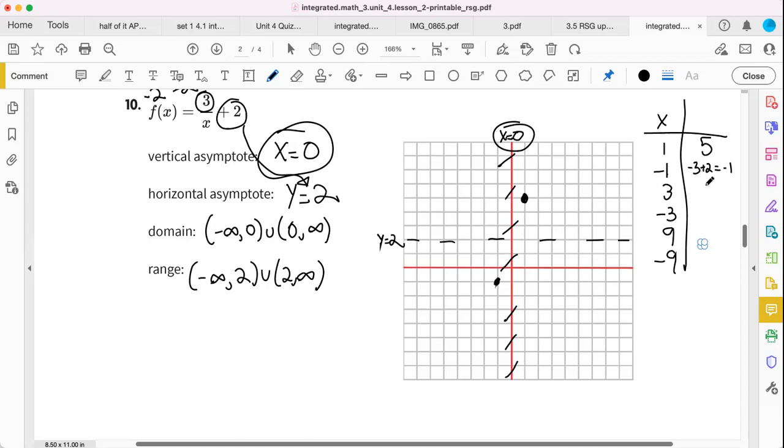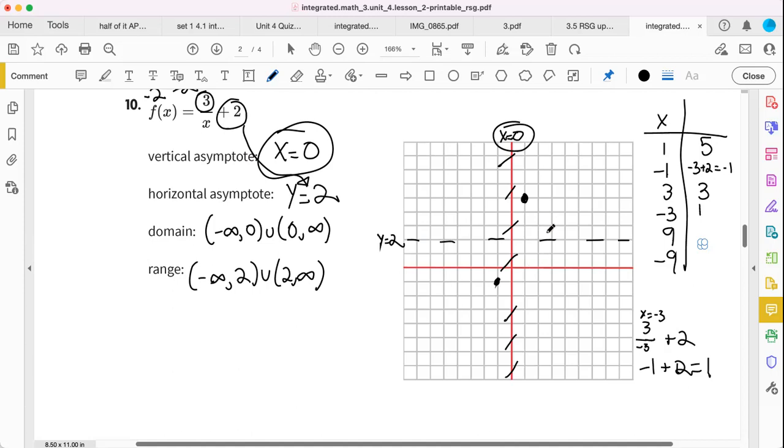When x is 3, that's going to be 1 plus 2, so that outcome is just 3. And then for x is -3, it's -1, and if you add 2 to that, it's -1 plus 2, which is just 1.